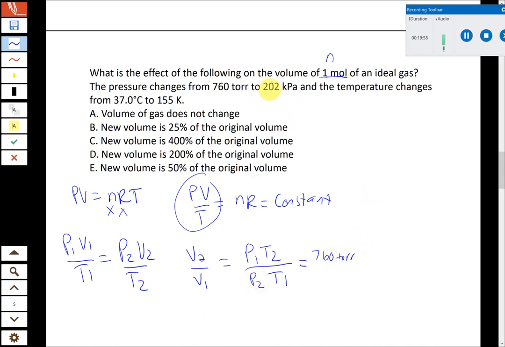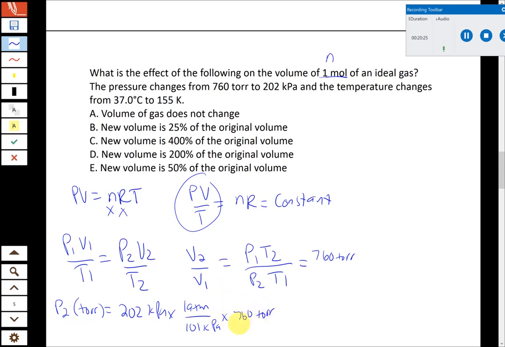And then we have to calculate P2 in torr. We haven't gone through kPa yet, but this is the other pressure unit we expect you to know. So the final pressure, 202 kPa in the correct unit of torr, is going to be: we have 202 kPa, 1 atmosphere is 101 kPa, or 101.3, we don't need to be that precise for this problem. And then we have 760 torr per atmosphere.